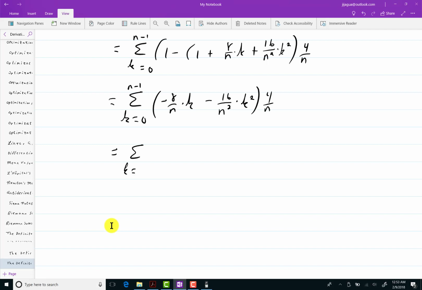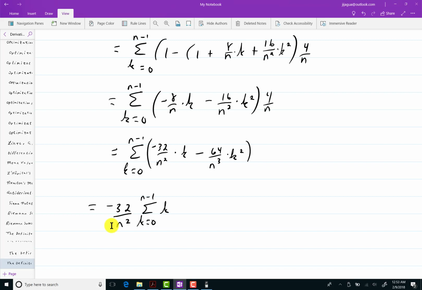Summation k equals 0 to n minus 1, negative 32 over n squared times k, minus 64 over n cubed times k squared. And I'll break this into the sums just like I did before. So I have negative 32 over n squared, summation k equals 0 to n minus 1 of k, minus 64 over n cubed times the summation k equals 0 to n minus 1 of k squared.